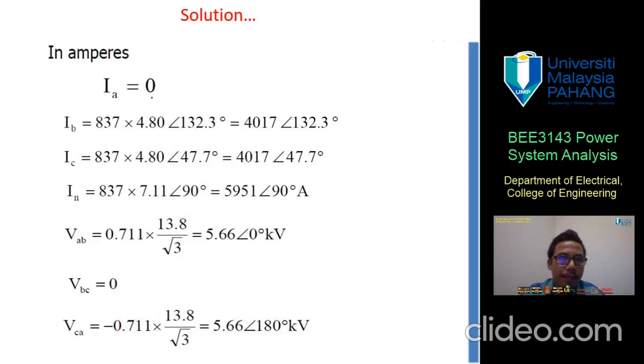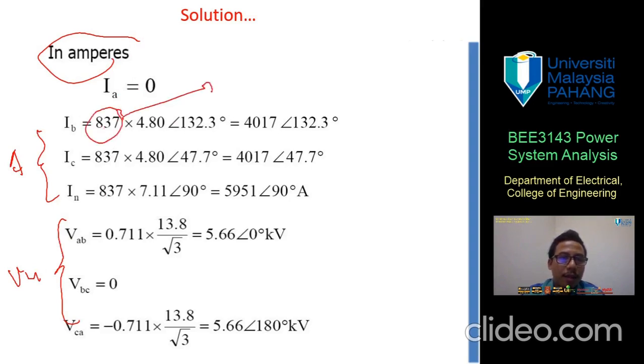Then after that, we are now solving for amperes, and also we want the voltage. The final answer must be in amps and volts only. So for IB, we just multiply with the base current. Still remember how to write it?